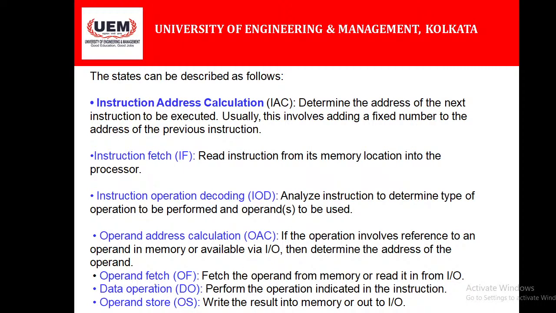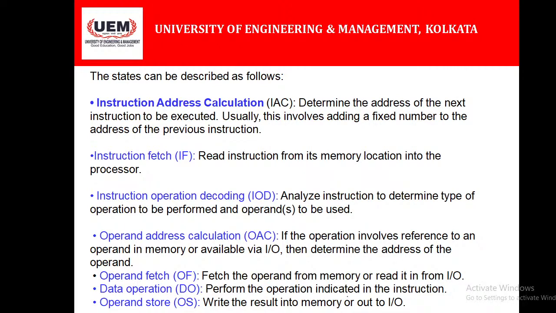And then operand fetch. This operand fetch operation is from memory, read or write, which is concerned in this case. Fetching means definitely you have to read it, whether from memory or from IO, that you have to find. But fetching means you are reading.